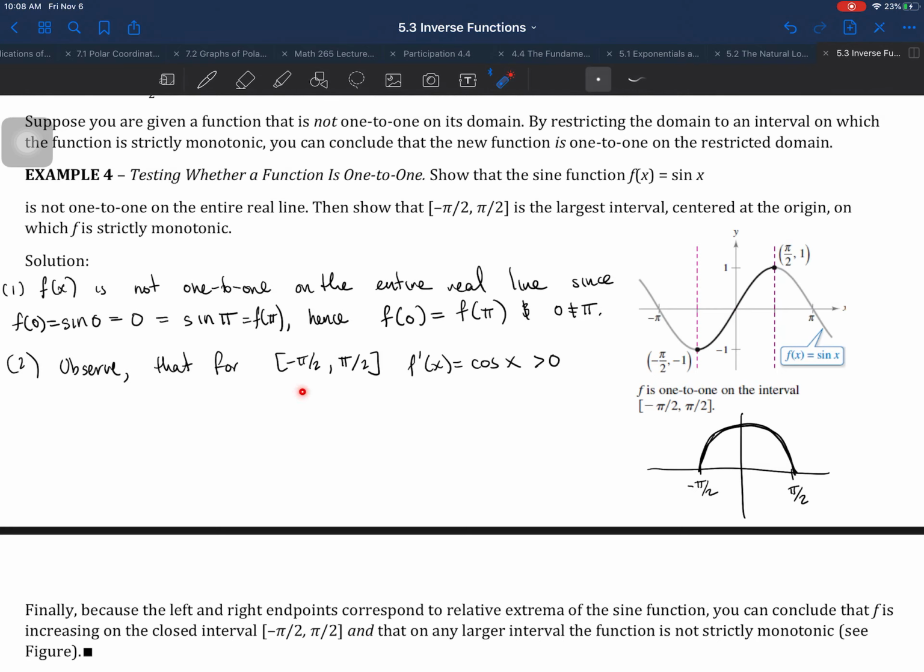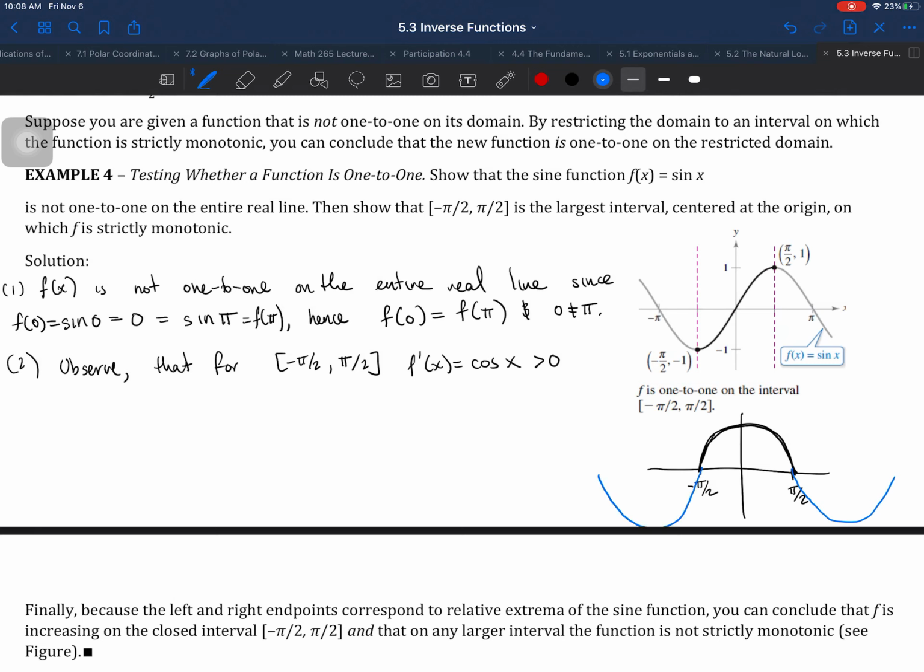We'll observe that within these boundaries, the derivative of f is going to be cosine of x. Well, what do we know about cosine of x between those two values? We know that cosine of x is also a periodic function, and I'll draw the function here like this, right? It goes like that.